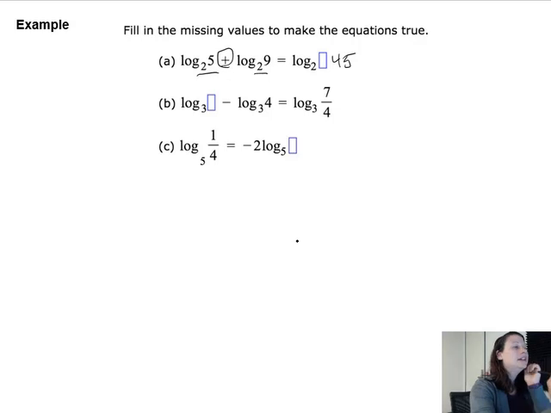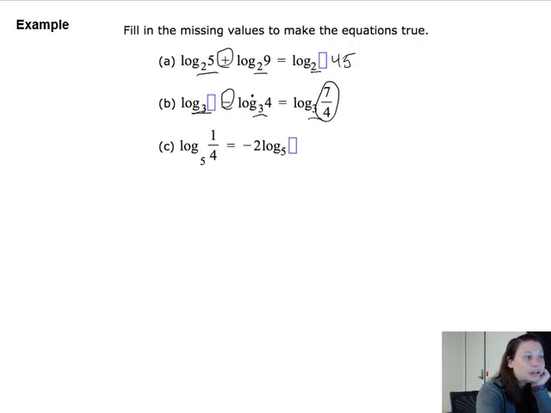So now this one, part B, we have, again, same bases, important to see, right? We now have subtraction between them and division inside. So that means we just use that log rule, right? So the top is this first number, so it should be a 7.